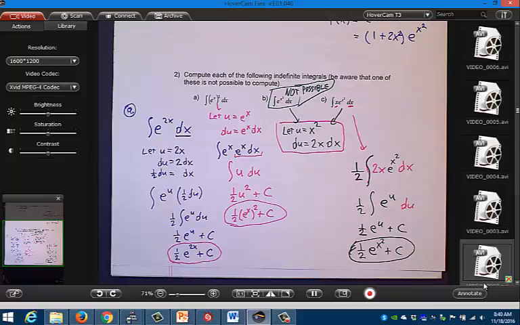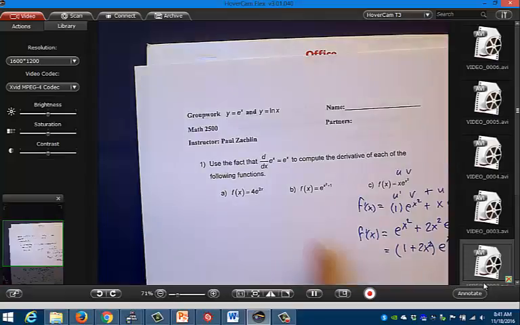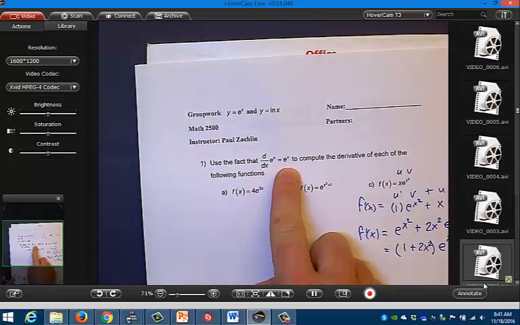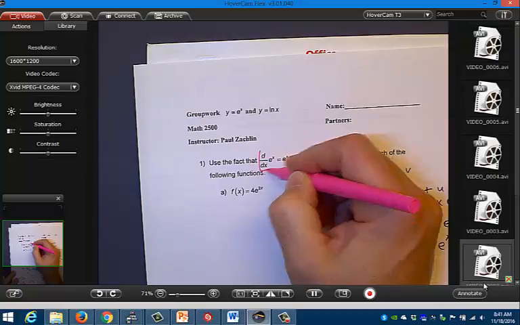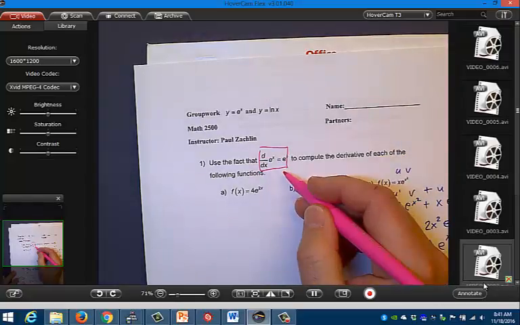Yeah, Garrett? e to the u becomes e to the u again instead of e to the u squared. The derivative of e to the x is e to the x. That's right. Okay. The derivative of e to the x is e to the x. So it doesn't matter what letter it is, it applies the same no matter what. That's right. I guess the real rule, Garrett asked a very good question here. We know derivative of e to the x is e to the x.